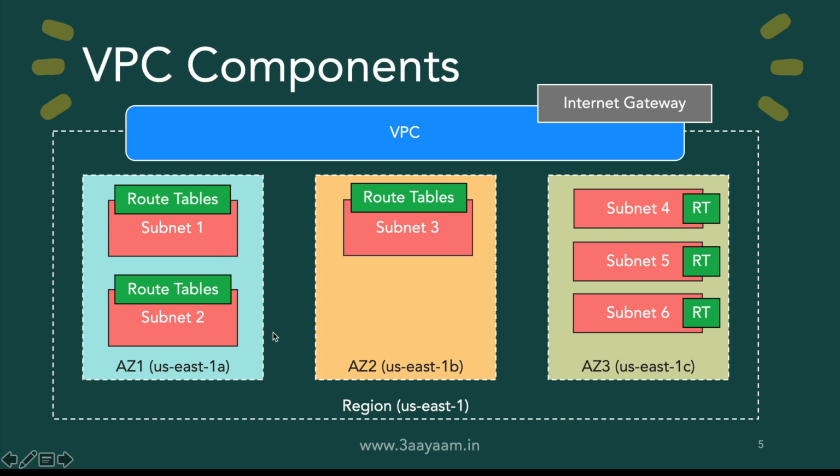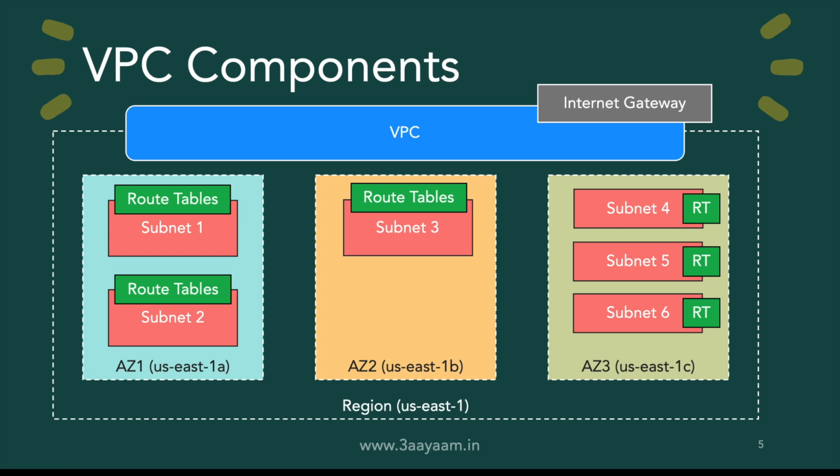US East 1A has two subnets, subnet 1 and subnet 2. US East 1B has one subnet, subnet 3, and US East 1C has three subnets, subnet 4, 5 and 6. Then we launch the resources inside of these subnets.